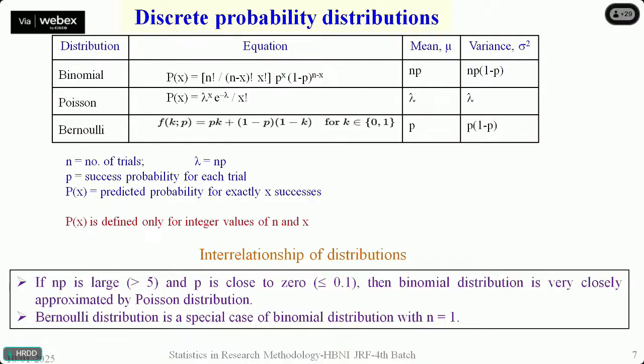Binomial is a general function. Once you apply some conditions, it becomes Poisson distribution. And with another set of conditions, binomial can be restricted to Bernoulli type of distribution.